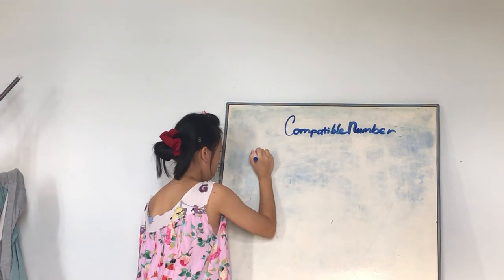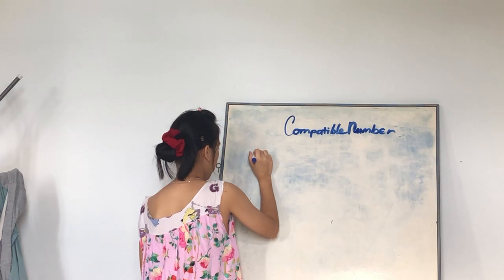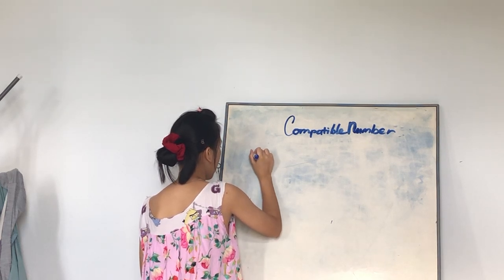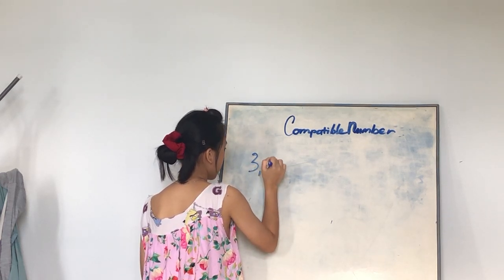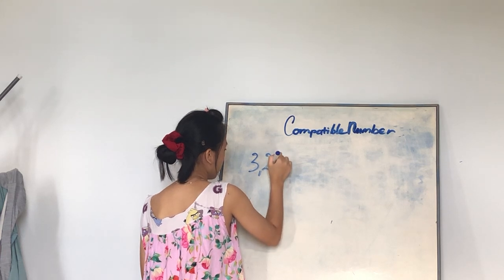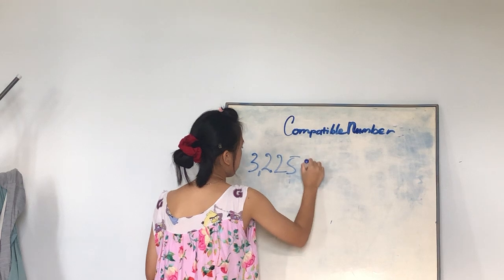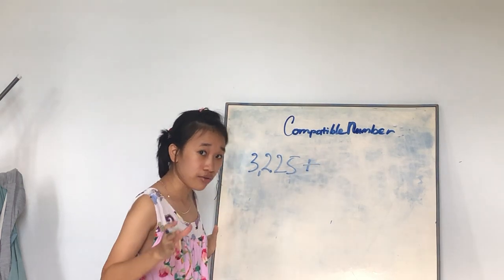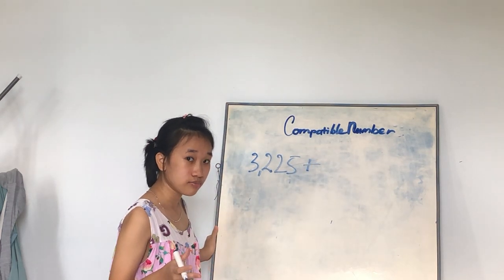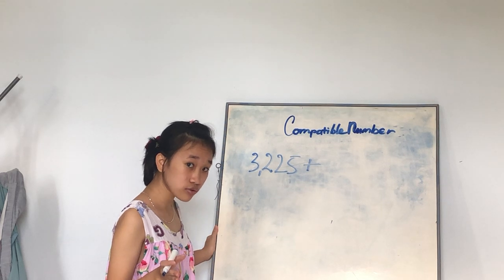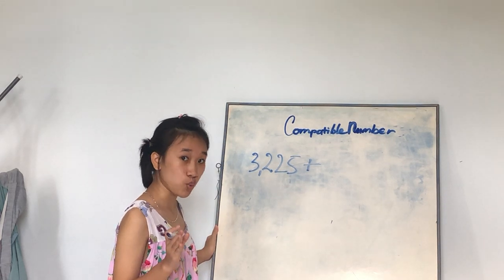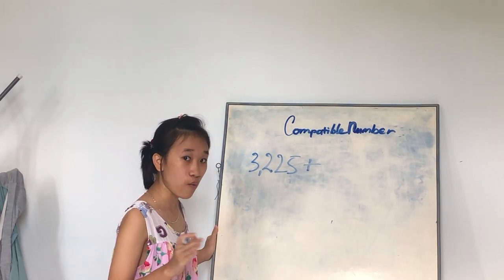Let me think, 3,225. As we have learned with the base 10 rules, we work with 100 as that one.